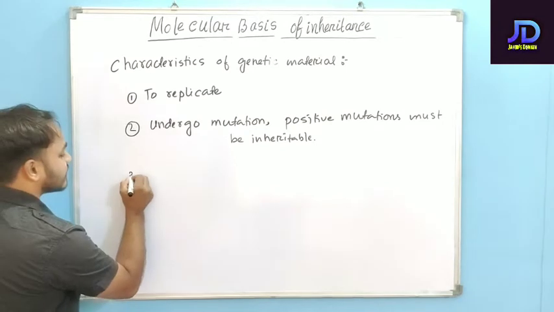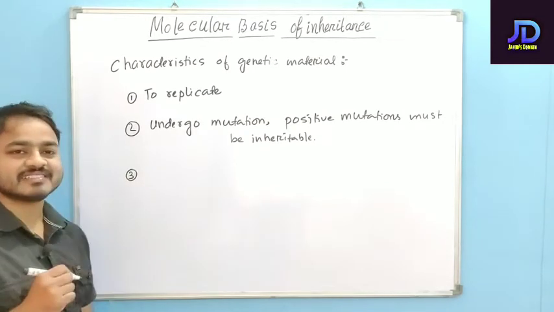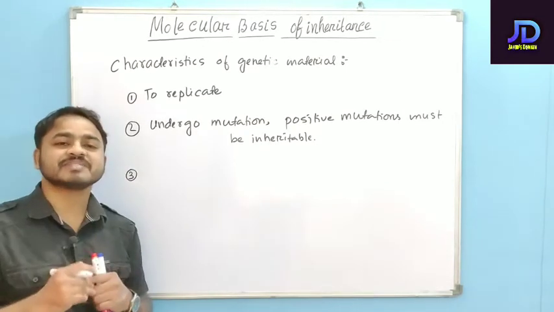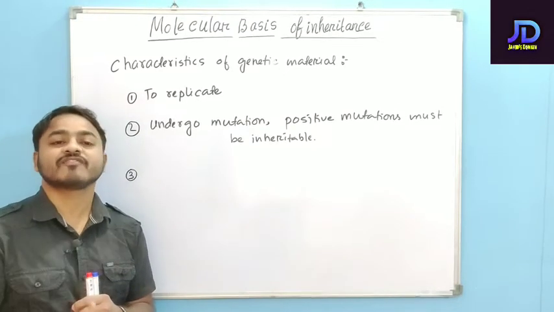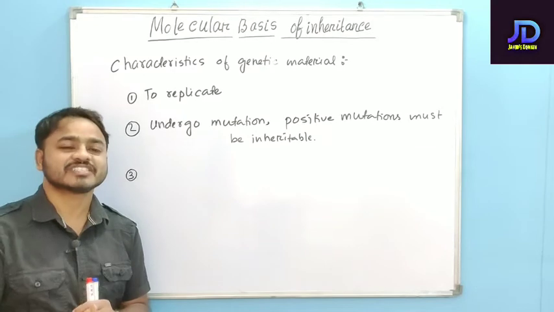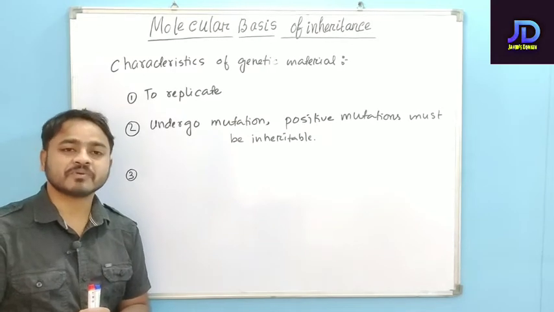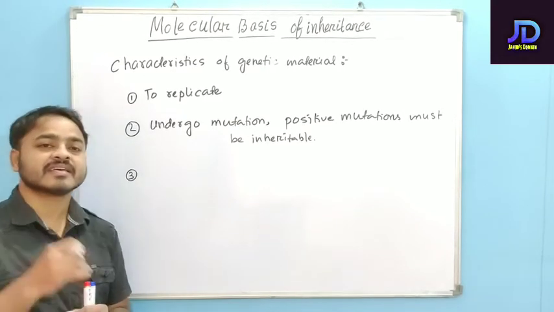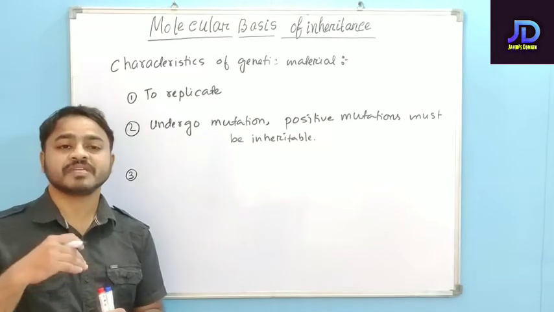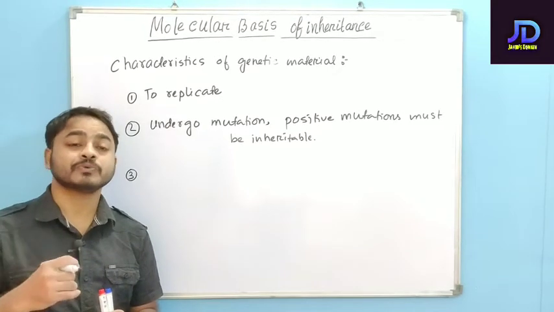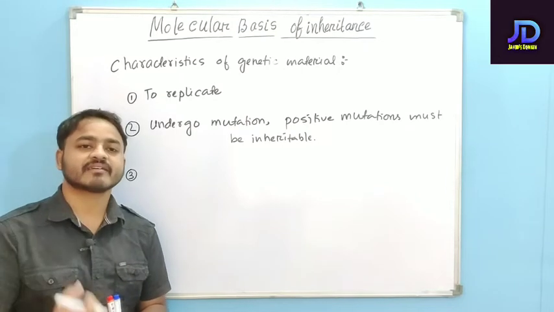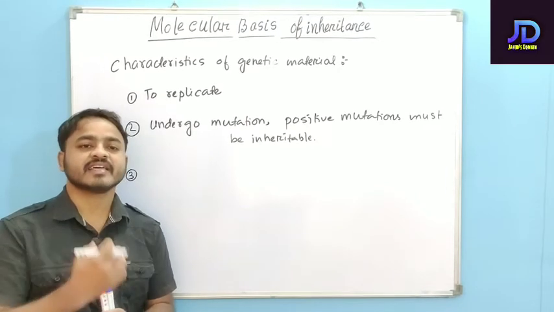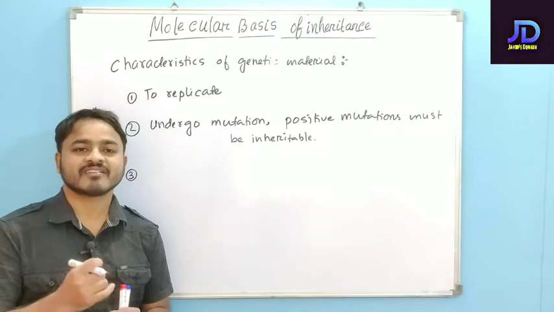The third characteristic of genetic material is that it must be able to translate into its working form by the transcription process. In simple words, the genetic material must be able to convert into the protein, and ultimately when the protein is synthesized, that character will be expressed, and that is known as transcription and translation.